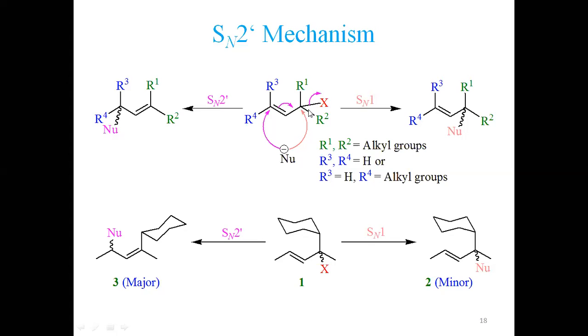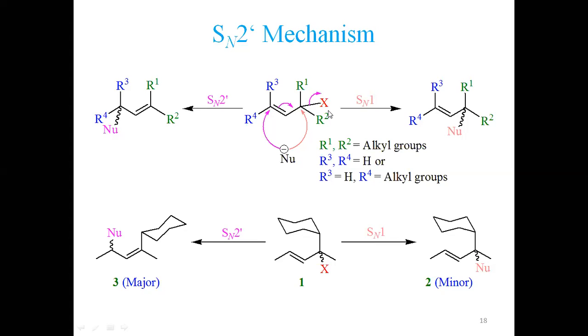This is a tertiary carbocation because it is attached to 3 carbons, and it is resonance stabilized. The other resonance form shall have a positive charge on this carbon, where R3 and R4 are hydrogen. It shall be a primary carbocation, and a primary carbocation is very unstable. So compared with the tertiary carbocation, tertiary is more stable. So this reaction shall follow SN1 mechanism dominating.